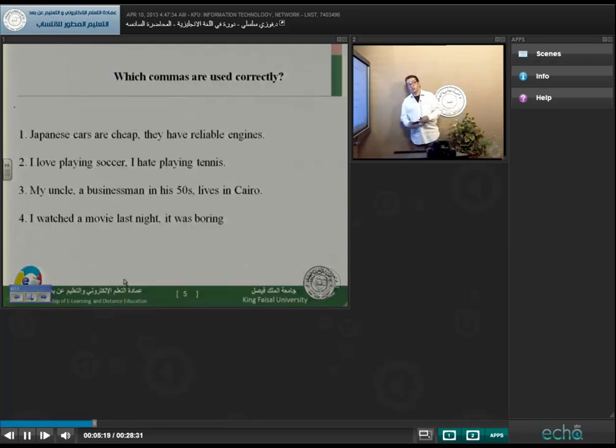So, what is a comma splice? A comma splice appears with independent clauses. You have two independent clauses that are joined by a comma. Let's look at these four examples and try to see which of them uses the comma correctly and which of them uses the comma in error.